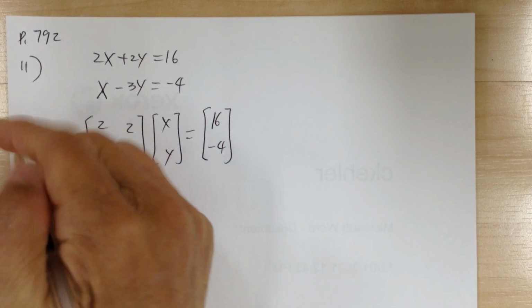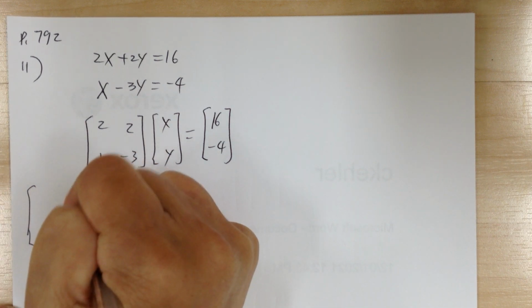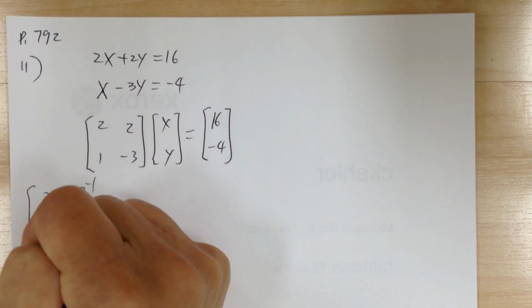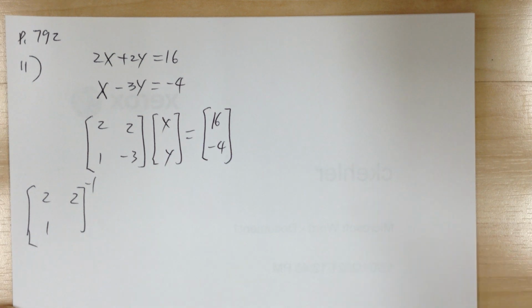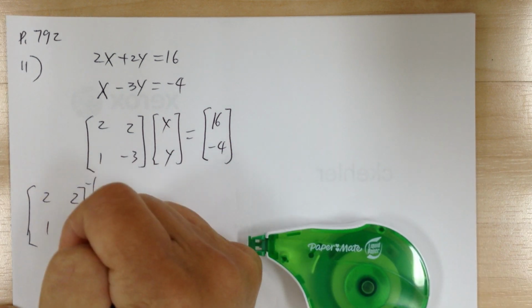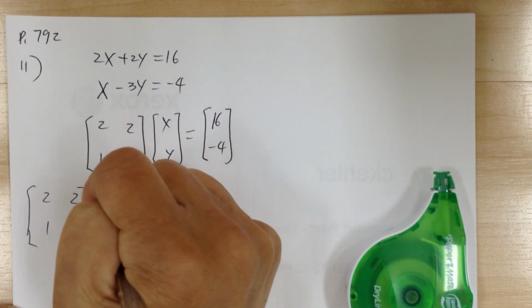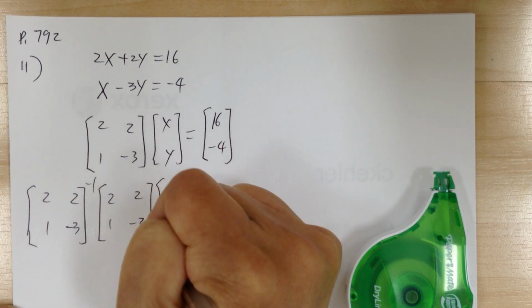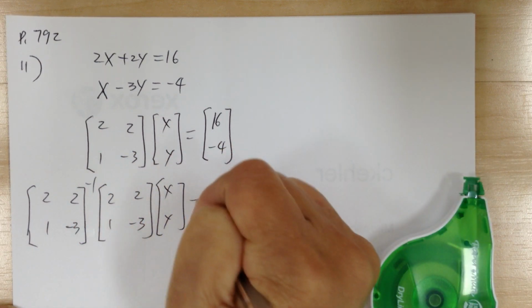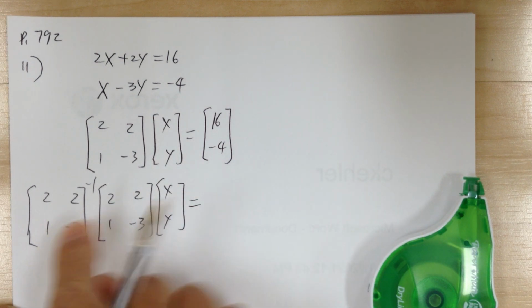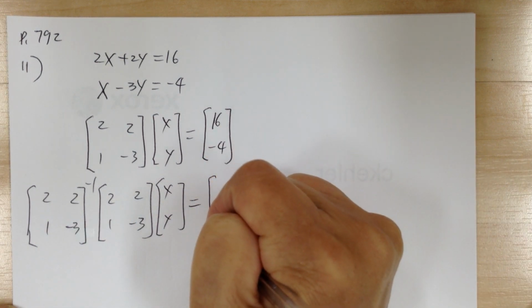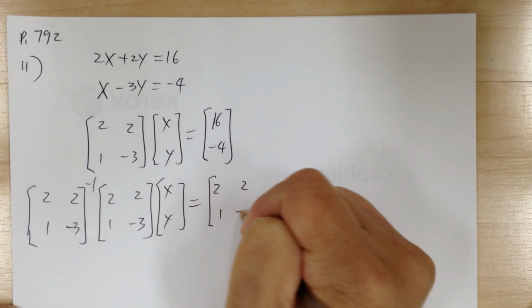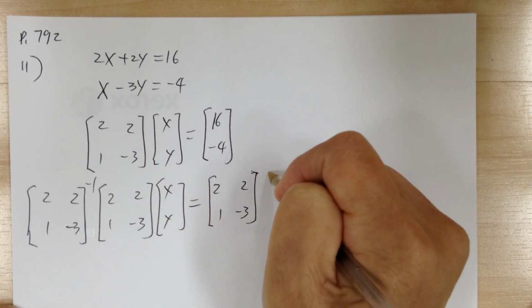To get rid of this, we need to multiply by the inverse in front. You have to do exactly the same on both sides.